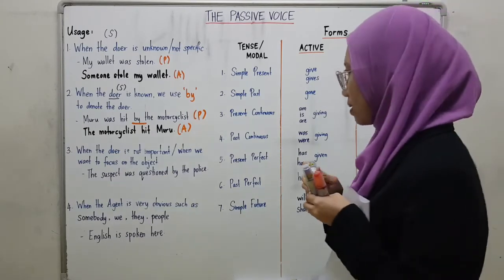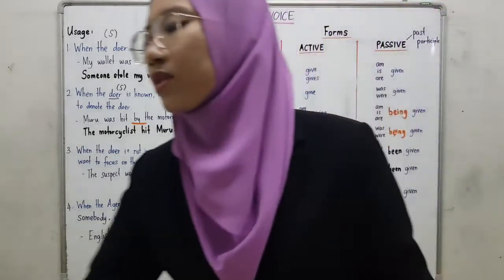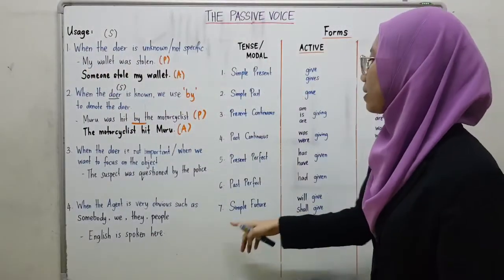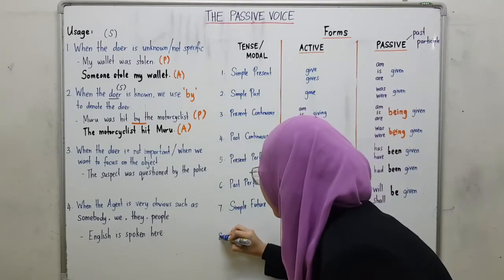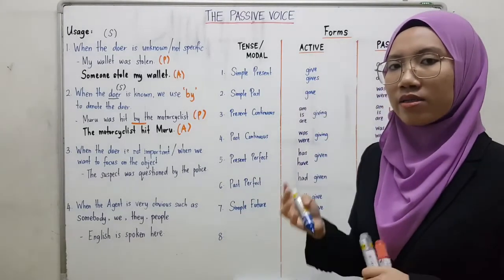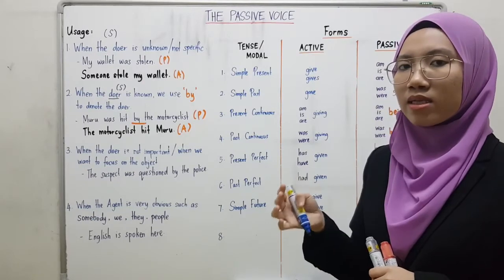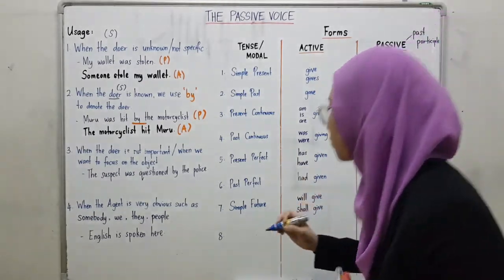Okay, last but not least, we have covered 7 tenses. Now we will apply modal verbs. Modal verbs include can, could, may, might, must, should, has to, have to.